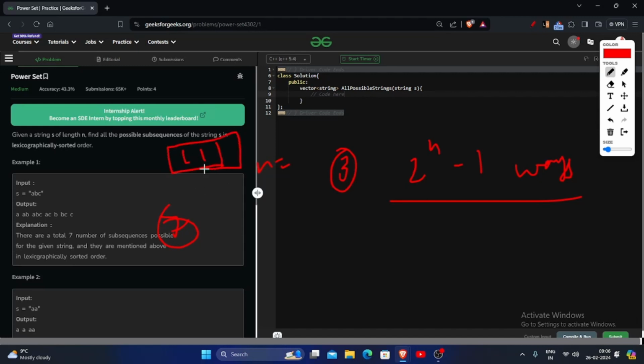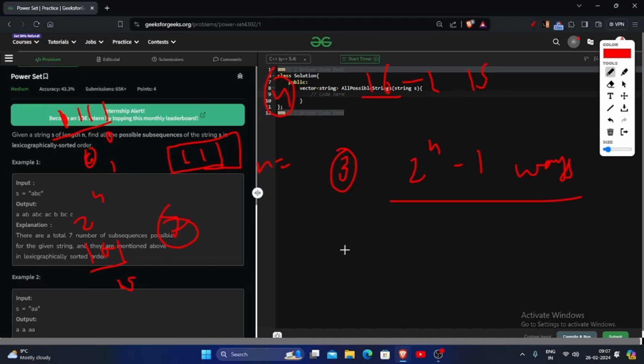You can understand that if there are 4, then you would need 16 minus 1, 15. Why? 1, 1, 1, 1. Sometimes this will be 0, sometimes this will be 1. So every bit has two possibilities. That's why 2 raised to the power 4 is 16, minus 1 is 15, because 1111 is 15.